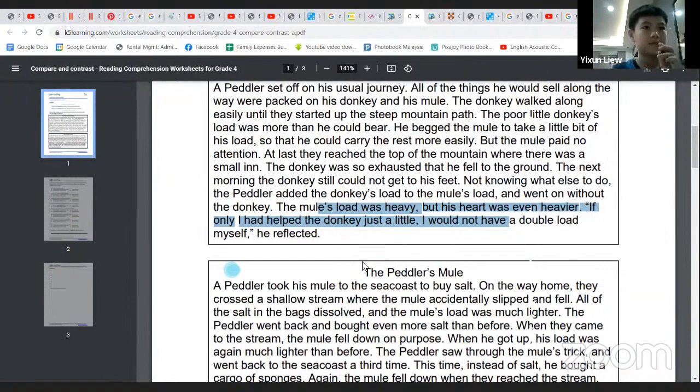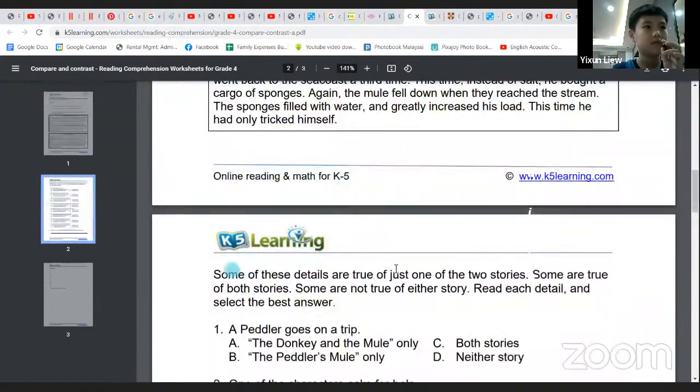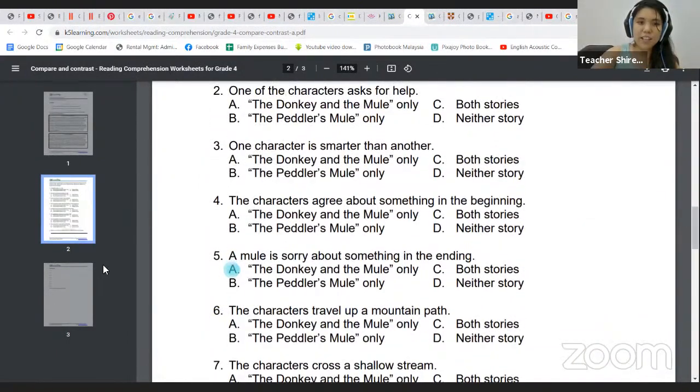Yixun, let me repeat. Number 5, a mule is sorry about something in the end. 对不对? Okay, 你说那个答案是什么? A, B, C, D. What's your answer?